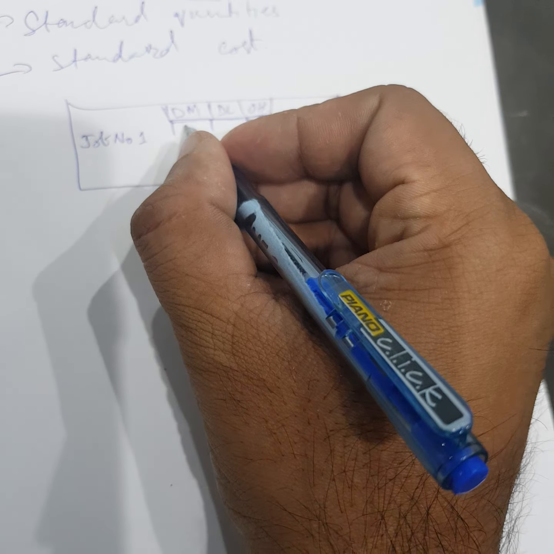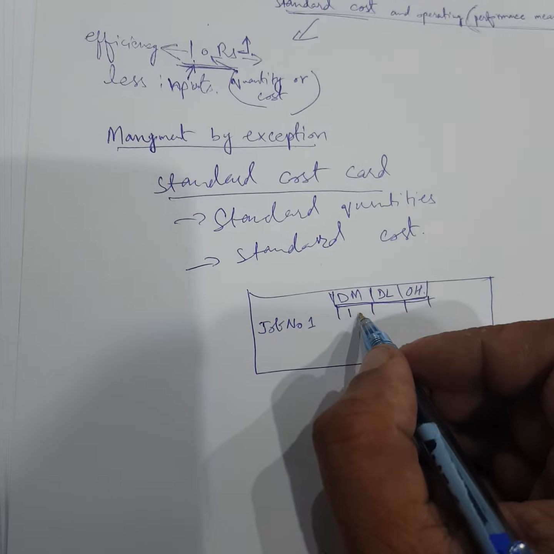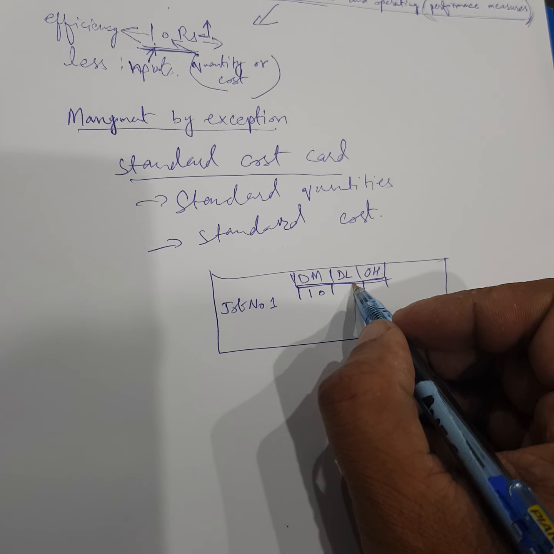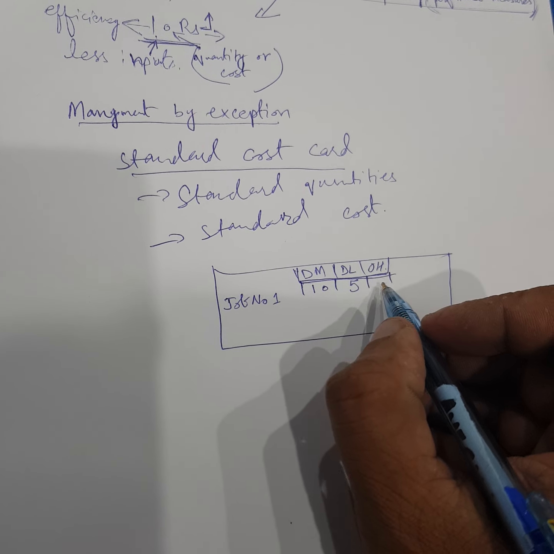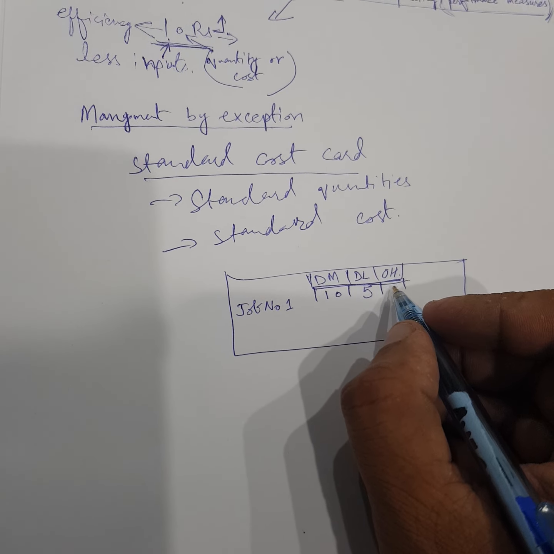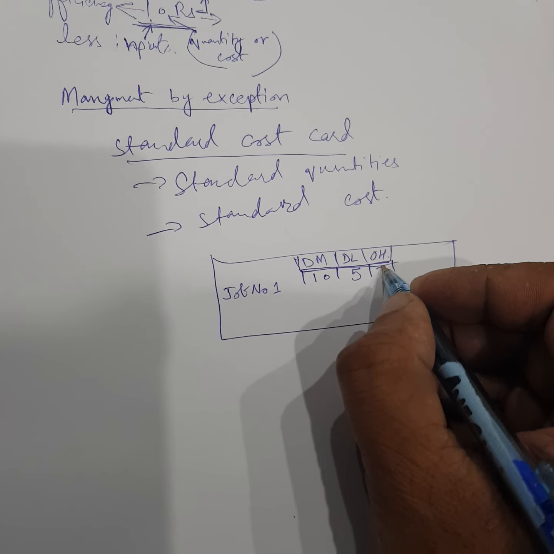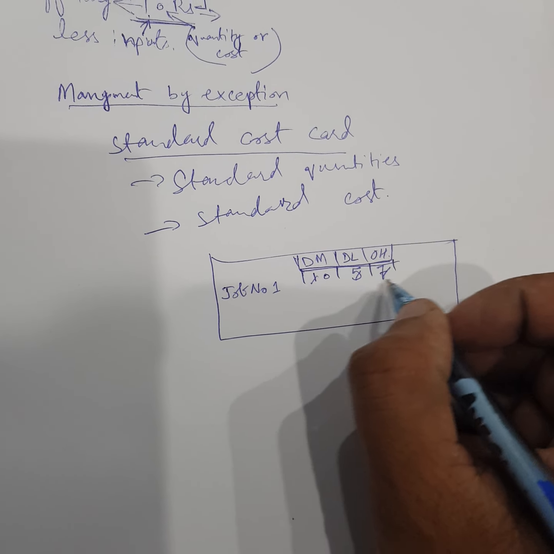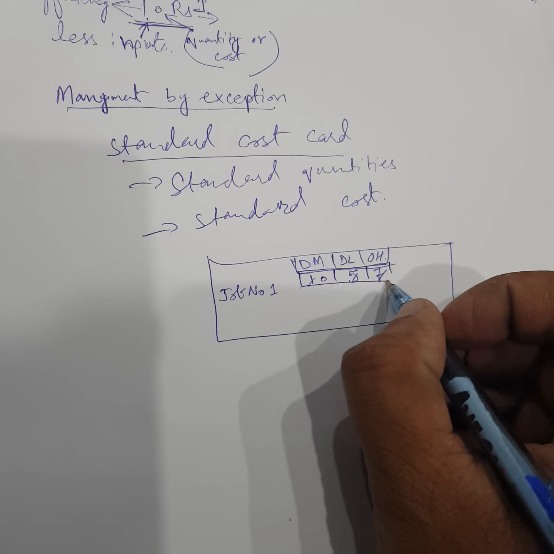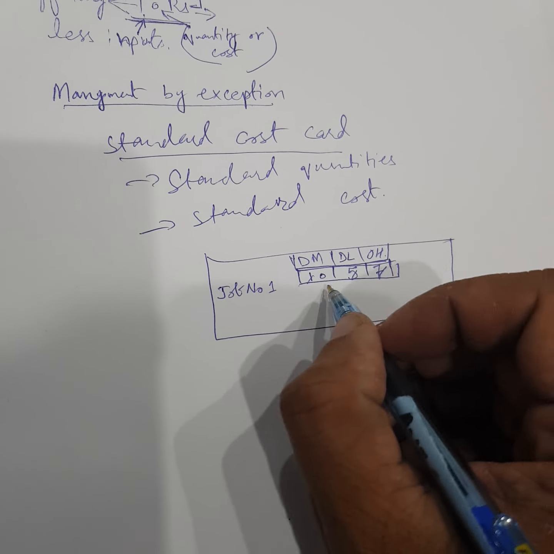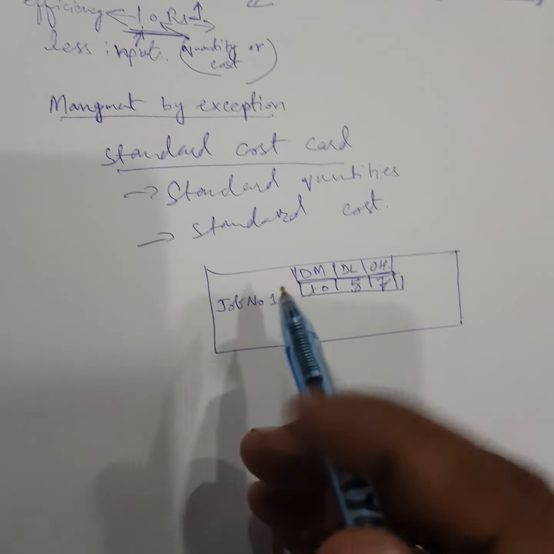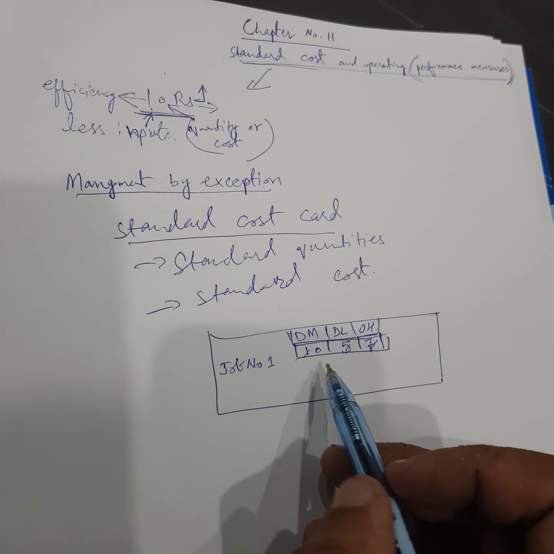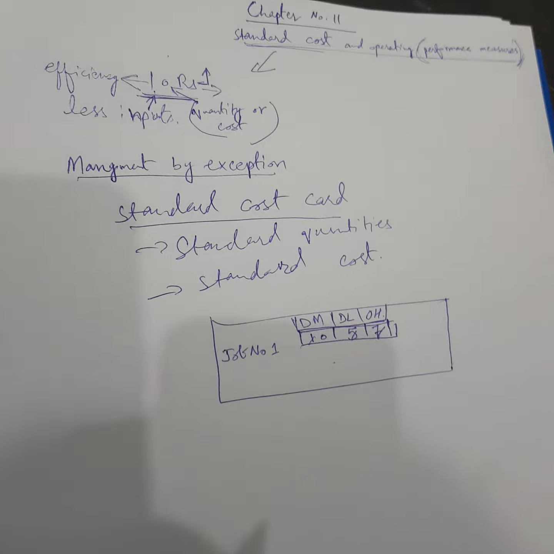Like for direct material the cost should be 10 rupees per unit, for direct labor 5 rupees per unit, and for overhead 7 rupees per unit. These are the costs that we set as standards. We cannot go beyond these costs. So it is the standard cost card showing per unit standard costs.